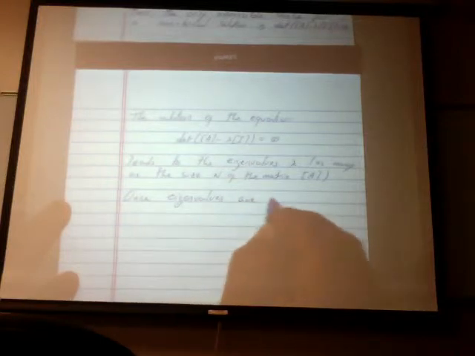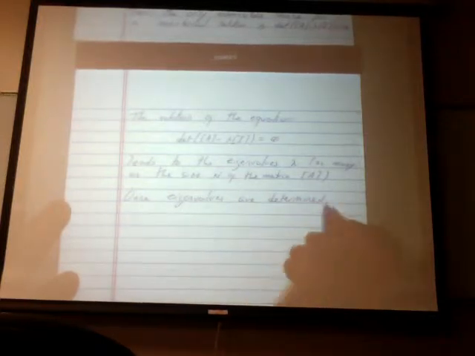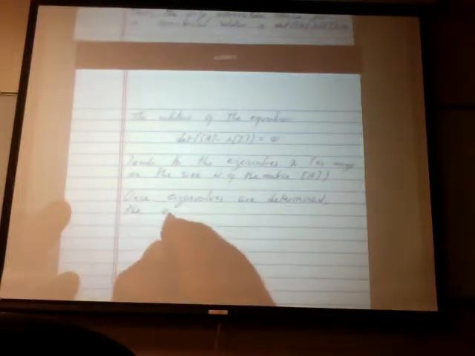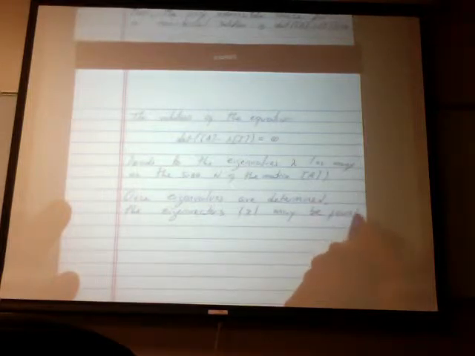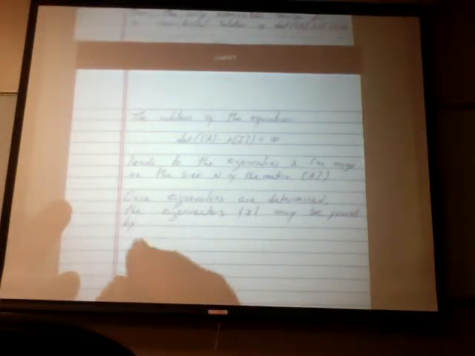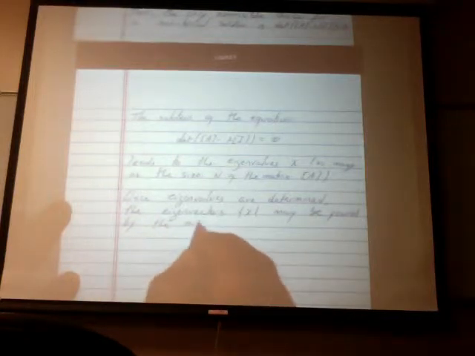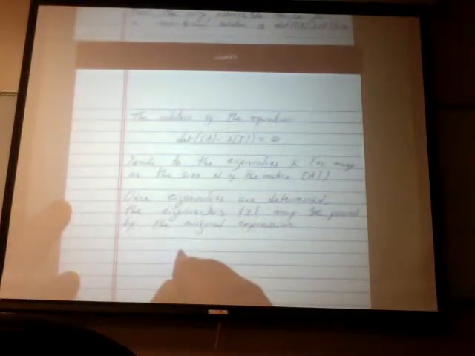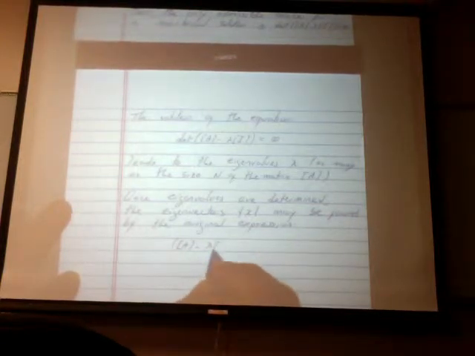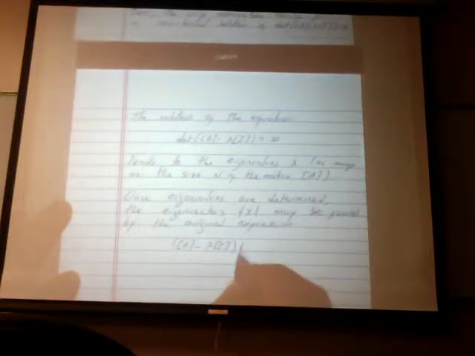Once the eigenvalues are determined, the eigenvectors may be found by the original expression A minus lambda I times x is equal to 0. So we plug it back in there.